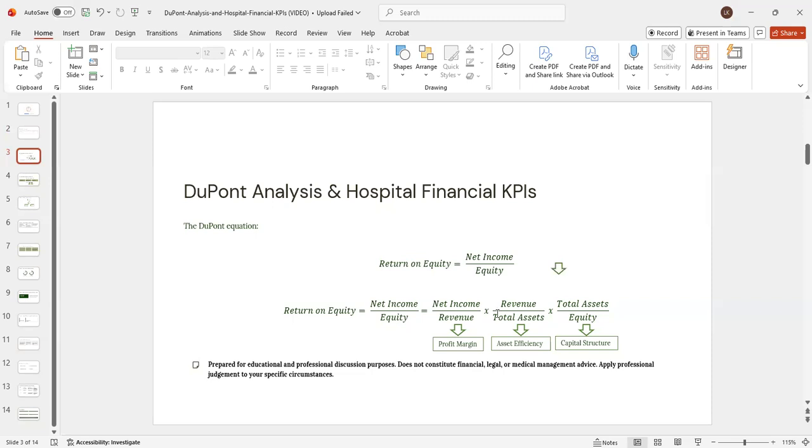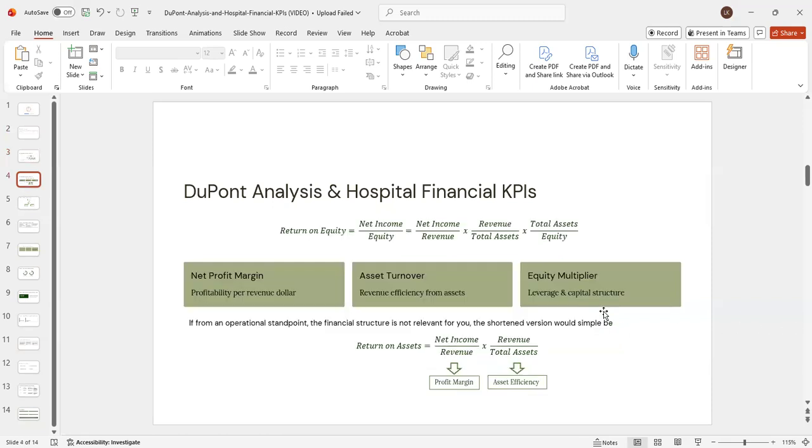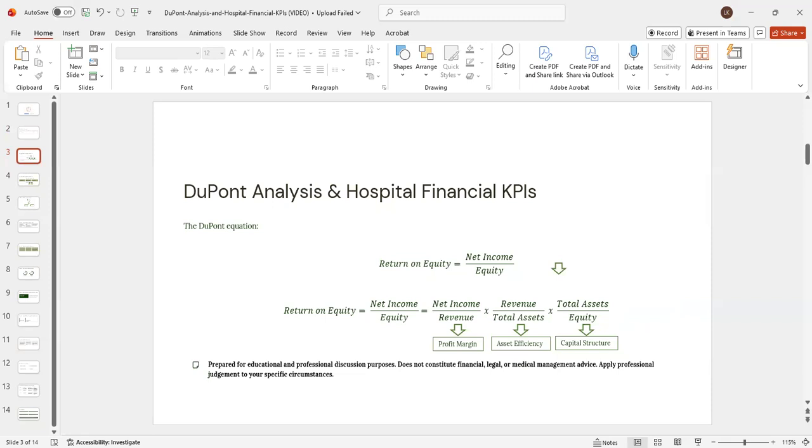But what including revenue and total assets in the equation does is allow us to rearrange the equation and come up with three metrics which have their own interpretation. Net income divided by revenue is a measure of profits, or a profit margin. Revenue over total assets says, given a level of total assets, how much revenue are you generating using those assets? It's a measure of efficiency.